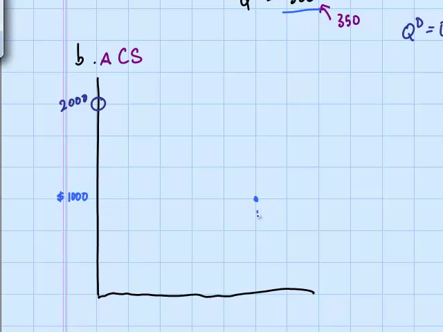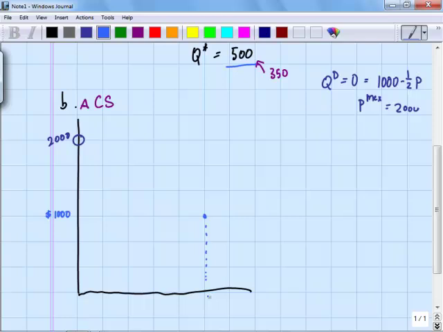And we know Q related to the equilibrium is 500. We know the demand curve has to drive through that point because it's part of there. So initially, before the change in the law, consumer surplus can be described as this big pink triangle.